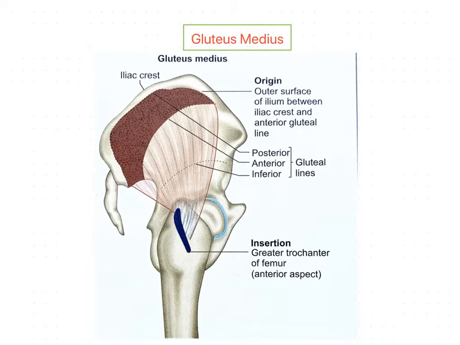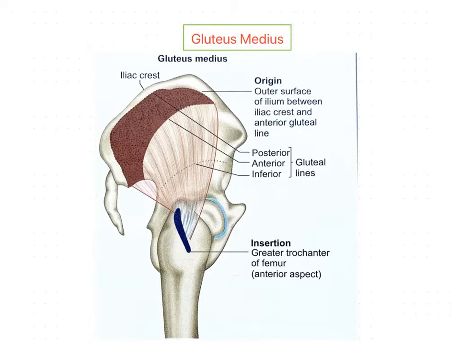Afterwards we can find the gemelli. In between the gemelli is the tendon of obturator internus, and after the inferior gemelli we can see the quadratus femoris muscle, and finally obturator externus are also related to this gluteal region.